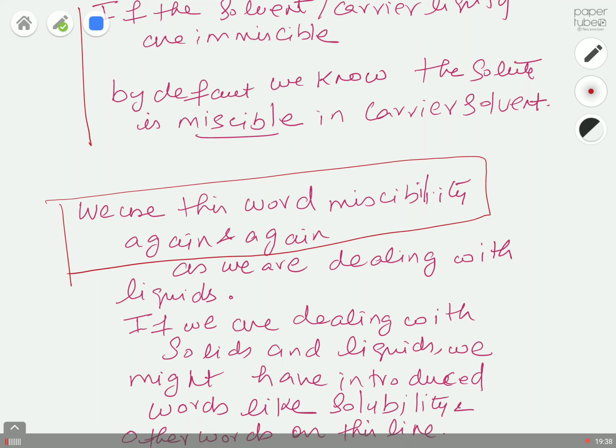If you are dealing with solid and liquid, then we can talk about terminologies like dissolving, and you can even introduce the term solubility. The solubility of sugar in water is something like 10 kgs per liter. But when we deal with liquids, your mind should think of the word miscibility. They are miscible, they are not miscible, they are partially miscible. These are the things you should remember.